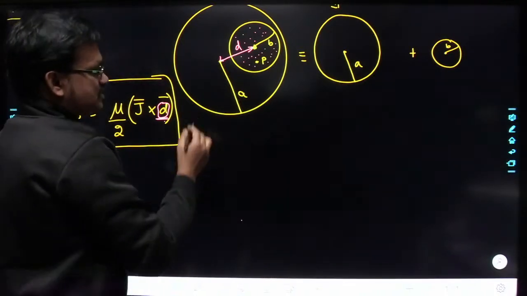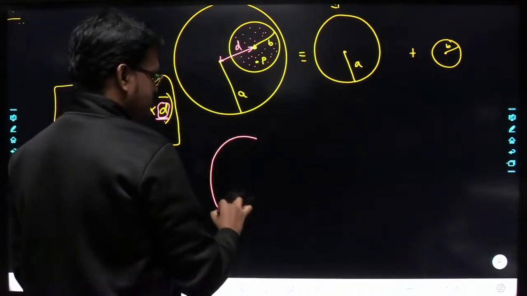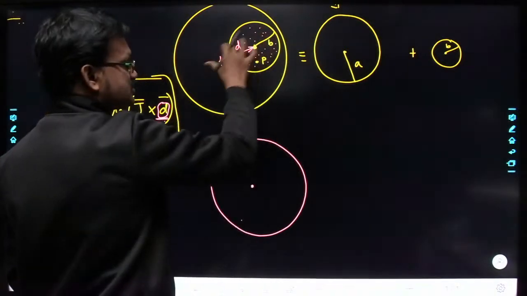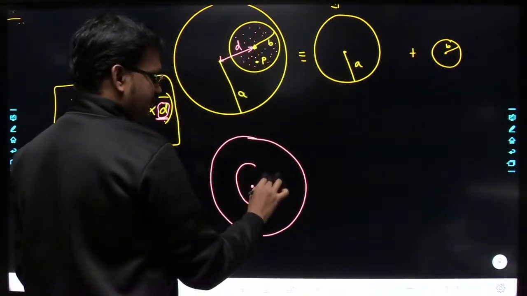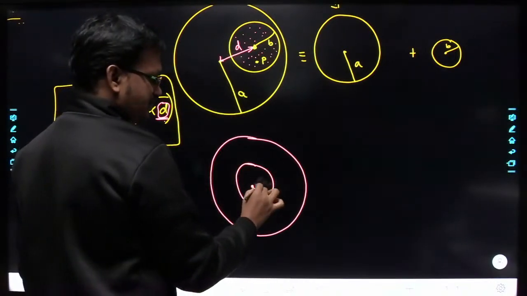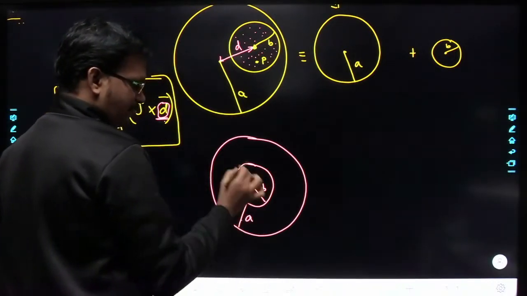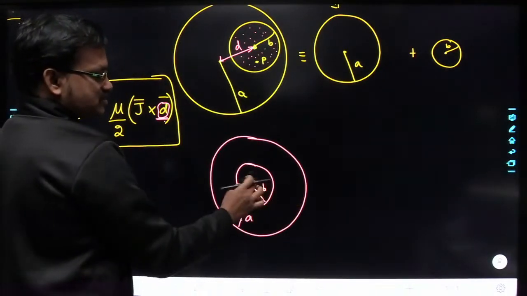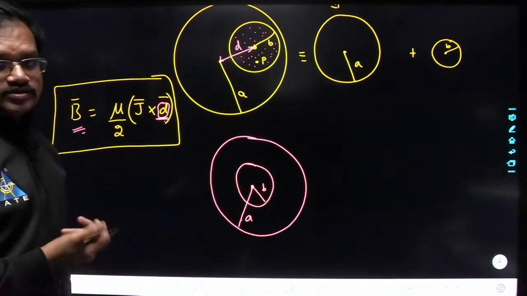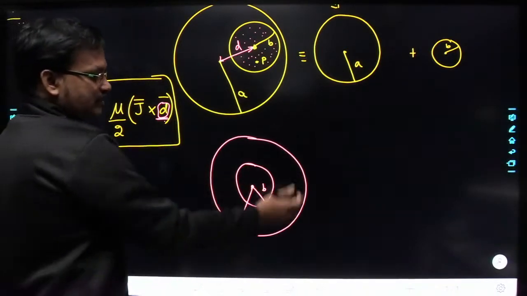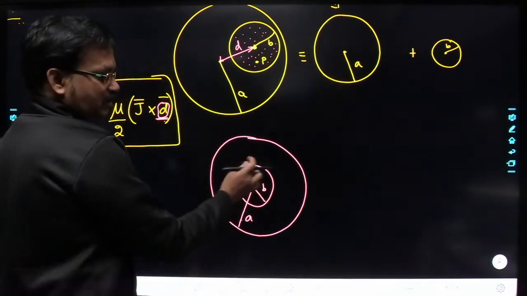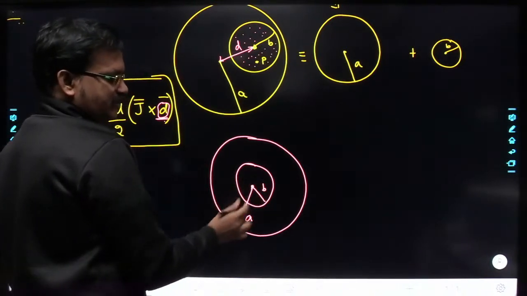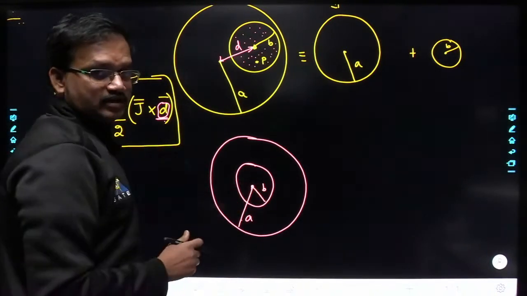And also we have seen one special case here. If you consider this cavity exactly at the center, let us say this is radius B and this is radius A. In this case, the distance between the centers of the two cylindrical wires is equal to 0.